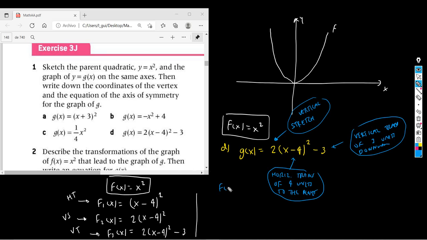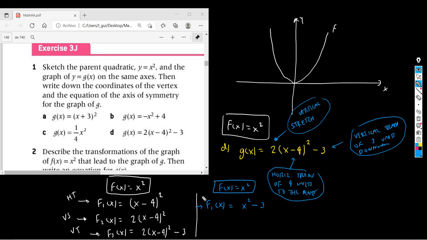If you take the parent function and ask, how can I reach from here to here? Well, first I'm going to apply the vertical translation, the subtraction of 3. So you take the function as it was, and then you apply the vertical translation of 3 units downwards, and you get all of this.